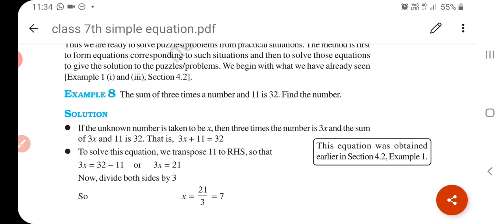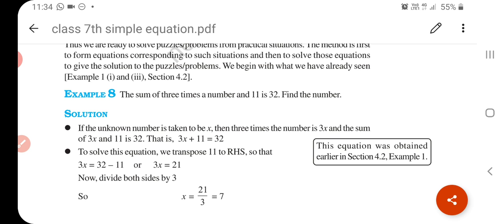Read the problem carefully. If you do not understand the sum, the problem, the question, then read it two times. Now analyze and understand the relationship between the different quantities given. That means what all is given to you and what you have to solve.